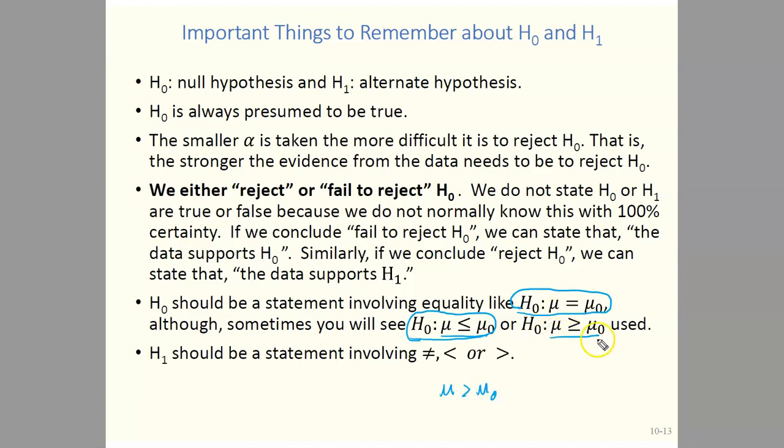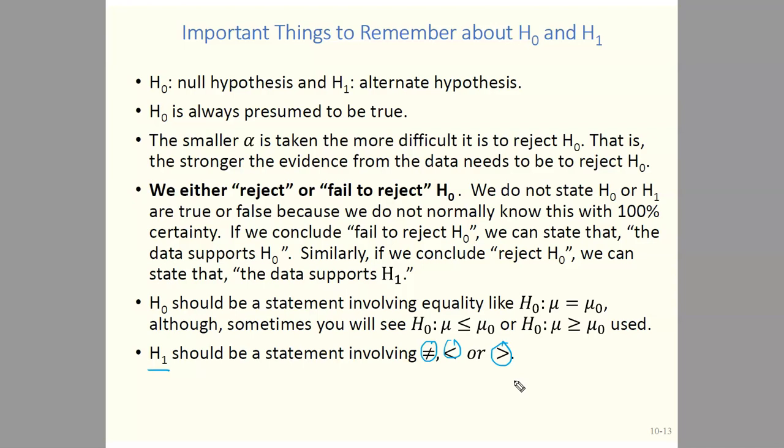And if you see someone write this for the null, then your alternate would be mu is less than mu naught. You might see that sometimes written as well. Now also note that H1 should be a statement either involving not equal to, less than, or greater than. That's what your alternate involves.